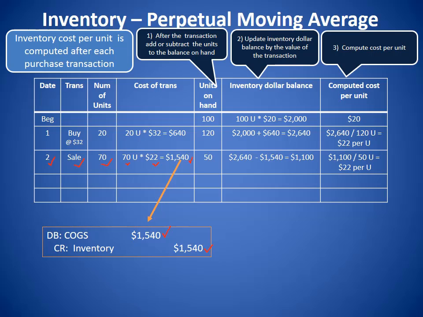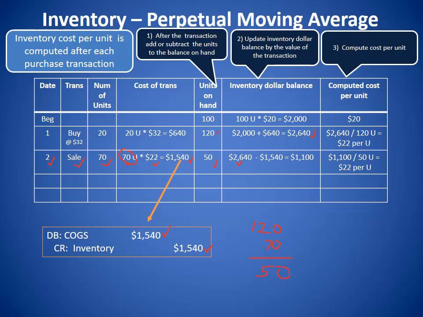Now we take a look at the units that we have remaining on hand. We started out with 120 units previously. From here, we sold those 70 units. So in the end, we have 50 units remaining. That happens to be the units on hand in our ending inventory. Now, on my inventory balance, it's $2,640, which came from my previous transaction.